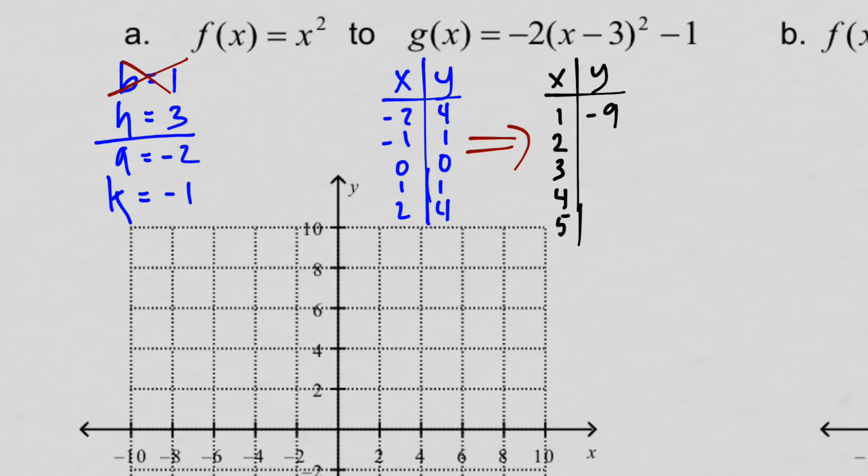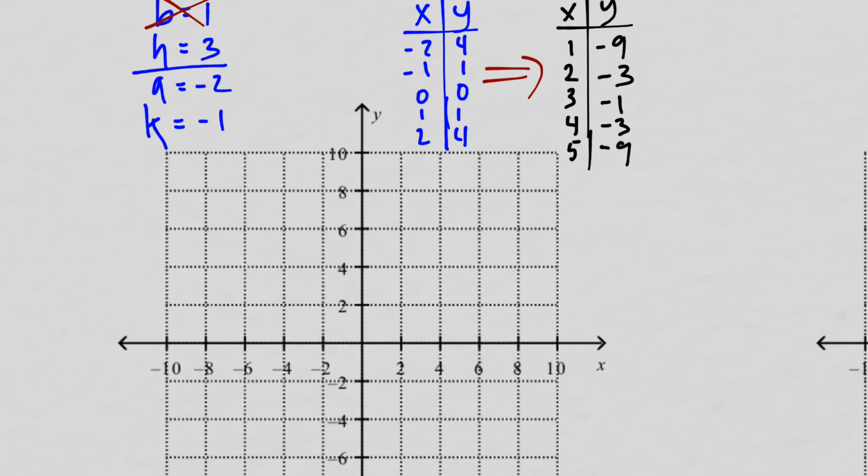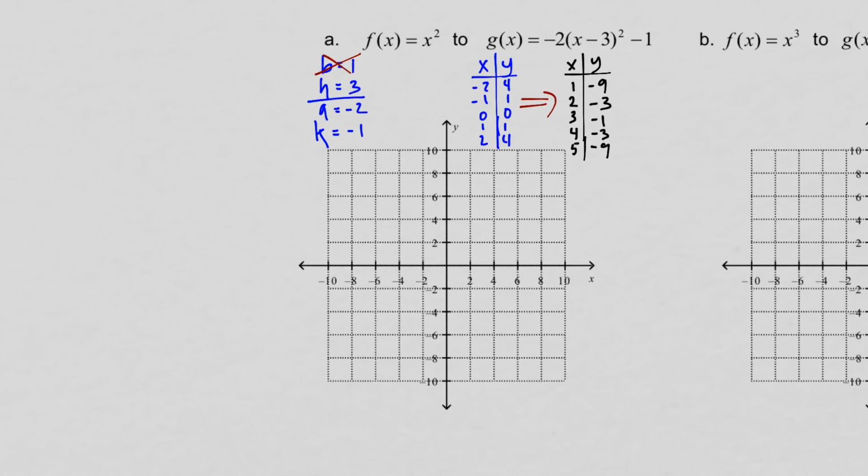Minus 1 is negative 3. 0 times negative 2 is 0. Minus 1 is negative 1. At that point, you can just repeat them. Notice that the next number is 1 again, so you should get the same number, and 4, you should get that same number. So it's going to be negative 3 and negative 9. And we're done. Basically, it's just a matter of graphing them now, okay?